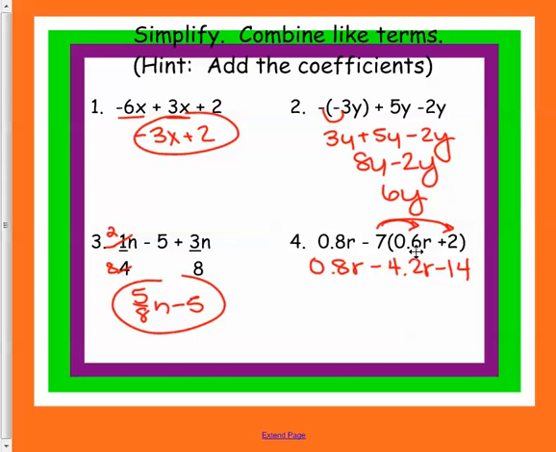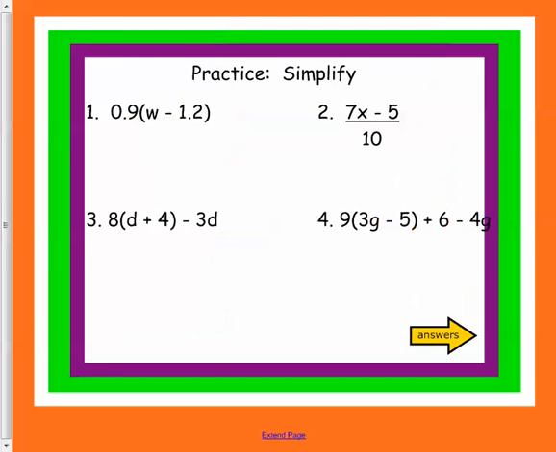So 7 times 6/10 is 4.2, or 4 and 2/10, and 7 times 2 is 14, but it's a negative, so remember to distribute the negative to both. So I have a positive 8/10 minus 4 and 2/10 are, so I get a negative 3 and 4/10 minus 14. Okay, you try these, and I'll be back in just a second to show you what I did.